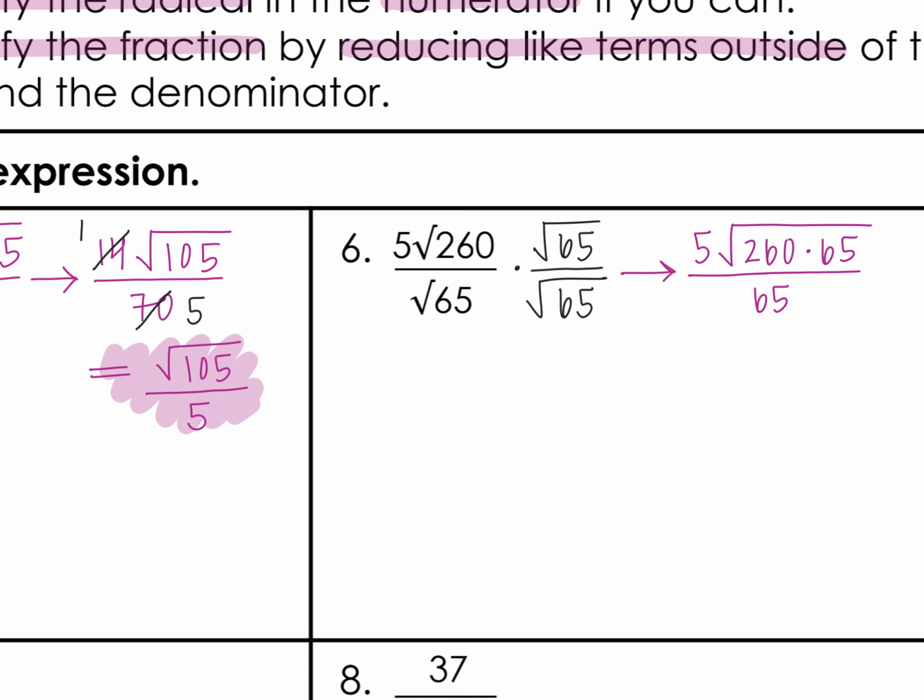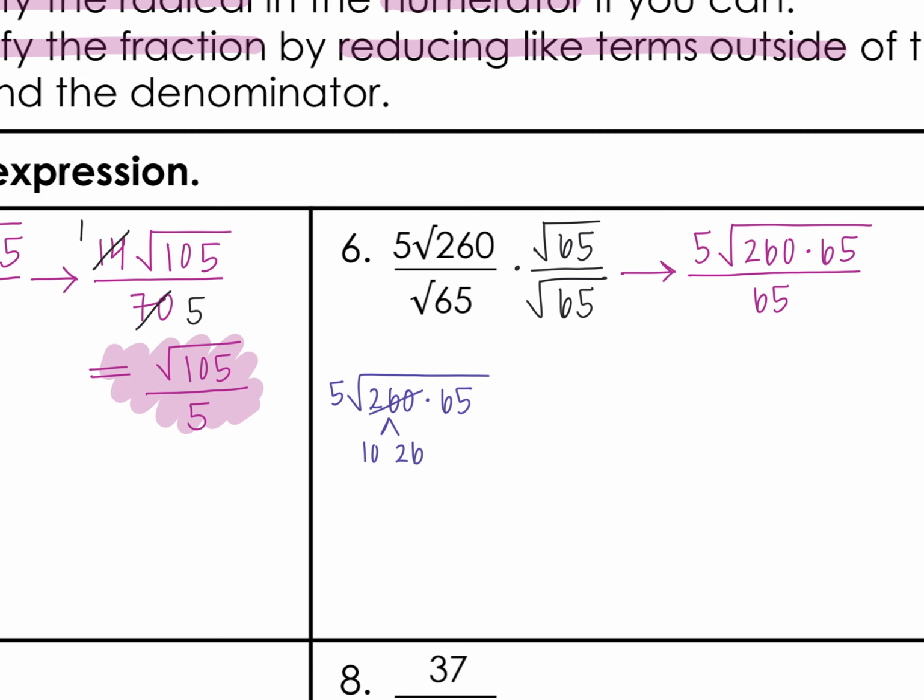Okay, so moving into my step 3, we are going to simplify the radical. And so I'm going to rewrite this down below, and we're going to factor. So we have that 260 times 65. All right, so some factors of that 260. Well, it's ending in a 0, so I'm going to start off with just dividing it by 10, and then we'll get 26.